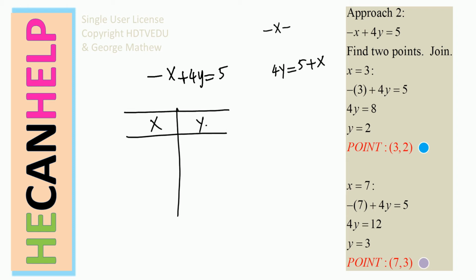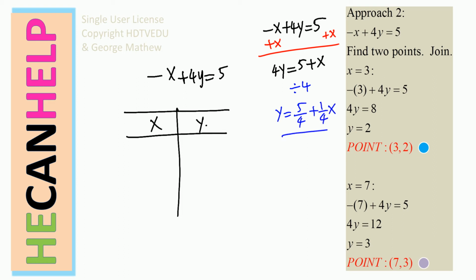Remember, negative x plus 4y is equal to 5. So add x to both sides. And what do we get? 4y is equal to 5 plus x. Divide throughout by 4 and you get y is equal to 5 over 4 plus 1 over 4x. So now you can make a table.